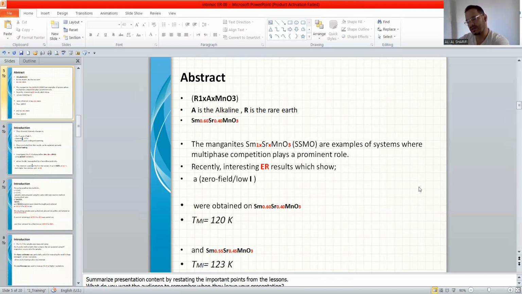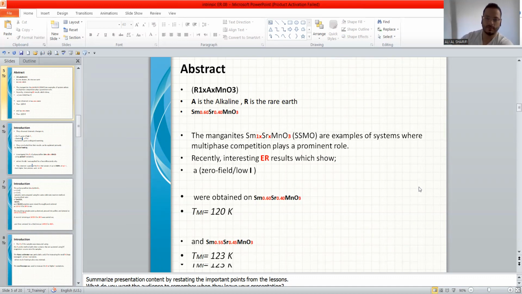Here, the insulating material transition at x equal 0.4 is equal to 120 Kelvin, and at x equal 0.45 it is equal to 123. That means increasing a little bit, and we will prove that by using some images.